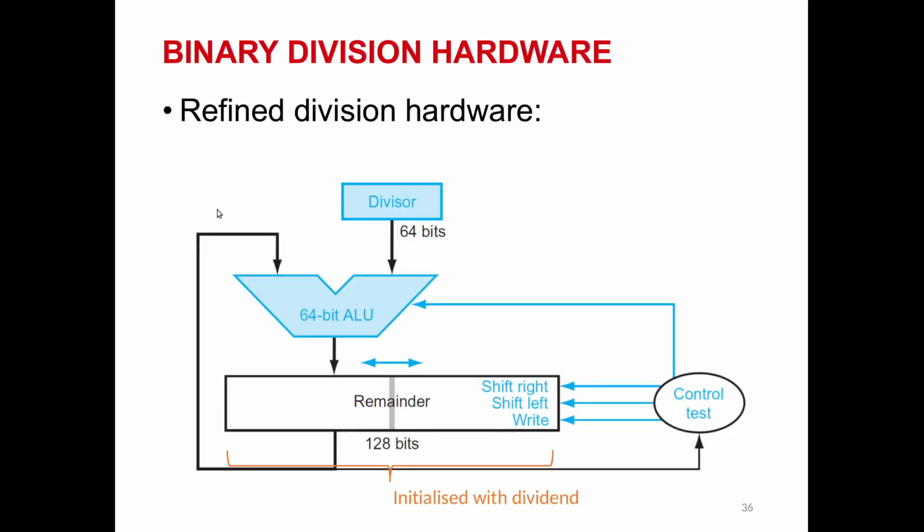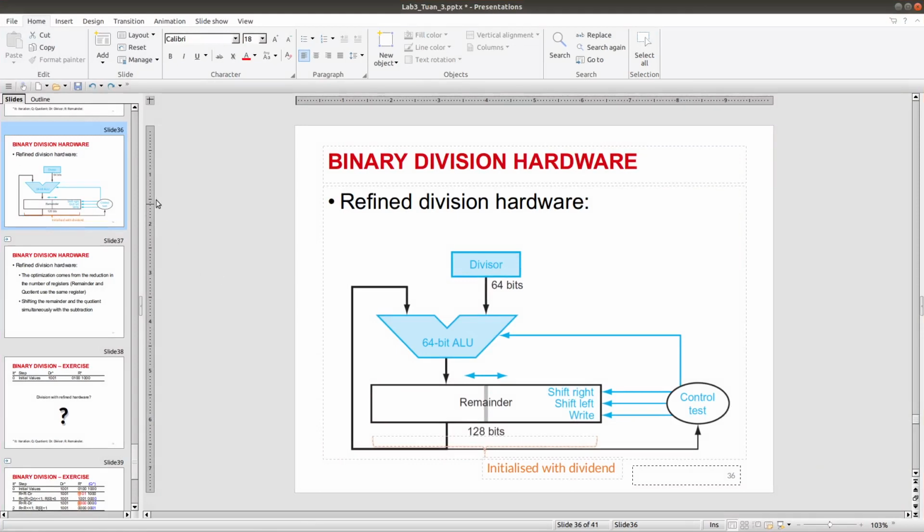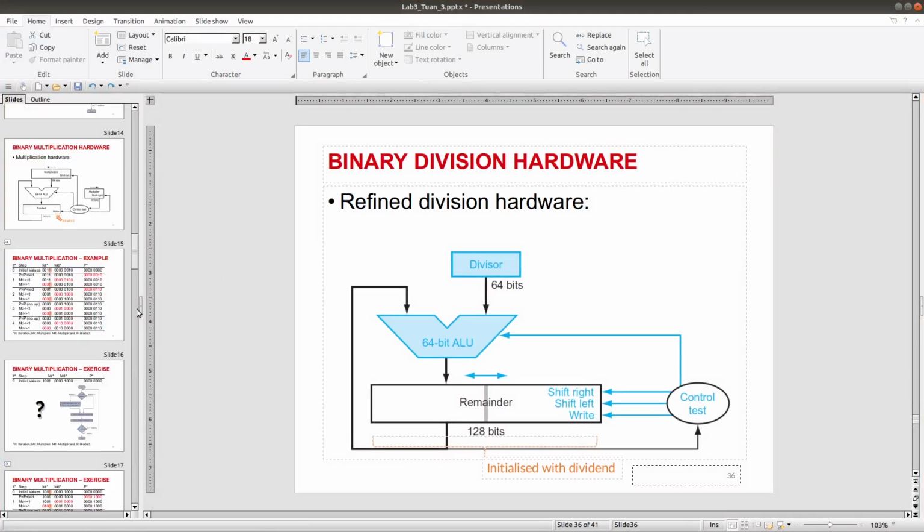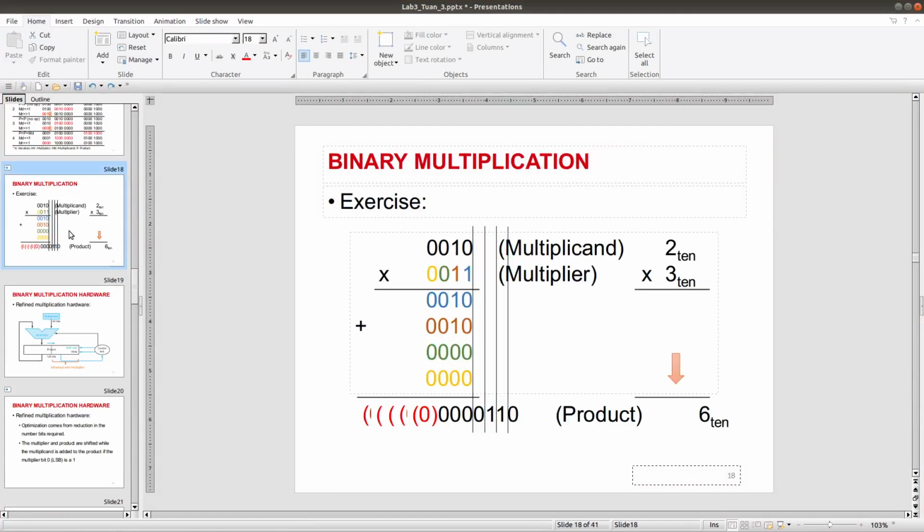Now we will upgrade our hardware to make it smaller. In order to know how we can upgrade our hardware, we will come back a little bit to our multiplication to see how the data works.